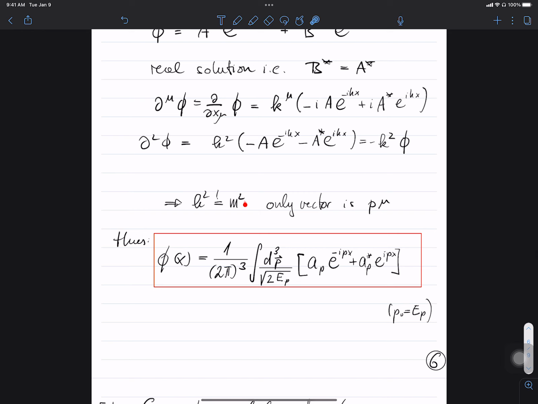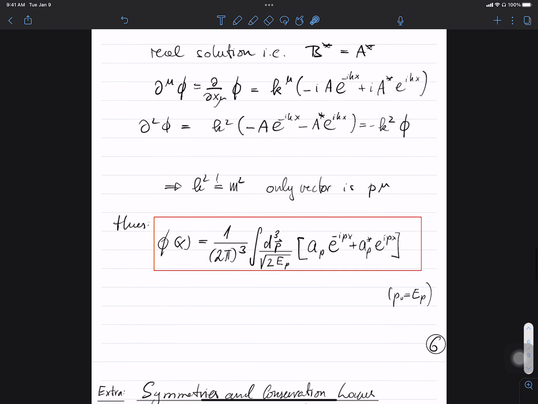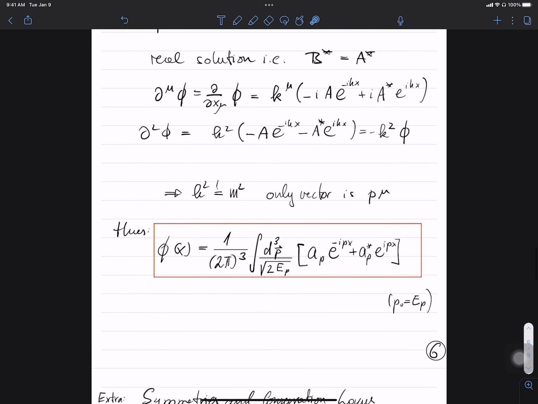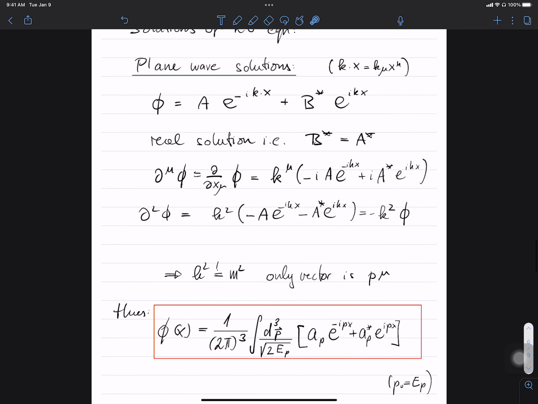We now just have to identify k squared and m squared, and we're done. We understand that k squared has to be m squared, but the only vector we know that actually squares to m squared is the p vector, the momentum vector. So we know the general solution has to go as e to the minus ipx plus the other coefficient a star e to the plus ipx, where we have also used that b star has to be equal to a.